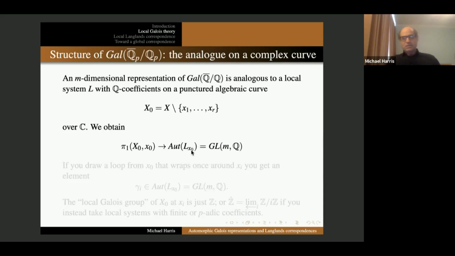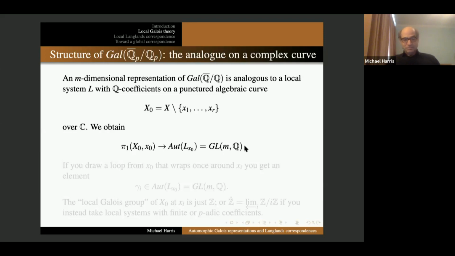This is the general theory of local systems. And because we've decided that this is an m-dimensional local system, this automorphism group is isomorphic to GL_m of Q if you choose a basis. All right? So we get a homomorphism from the fundamental group into GL_m of Q, not Q_L, Q.